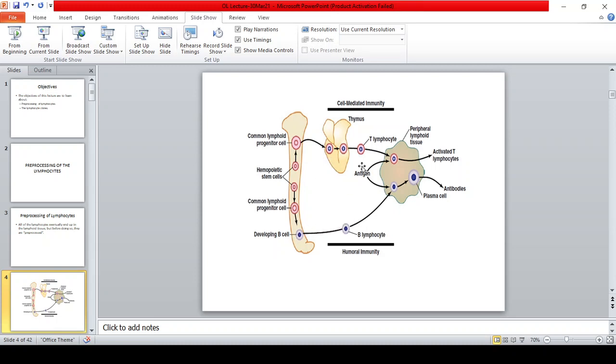The T lymphocytes are first processed in the thymus, where this pre-processing takes place, and the B lymphocytes are pre-processed elsewhere, as I will mention later in the lecture. So let's proceed with this process of pre-processing.